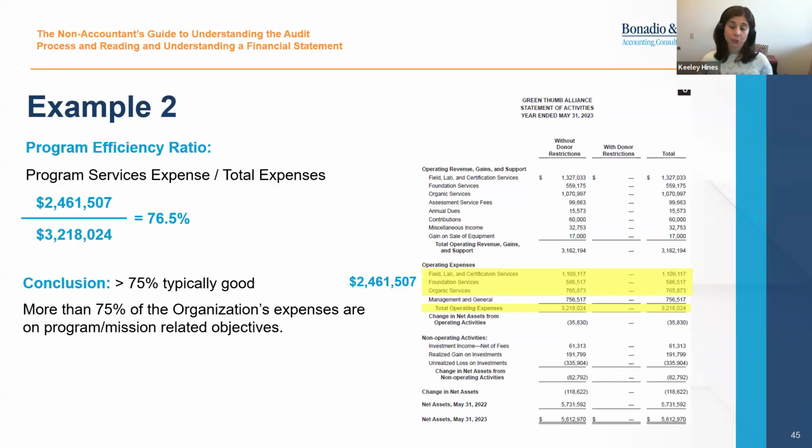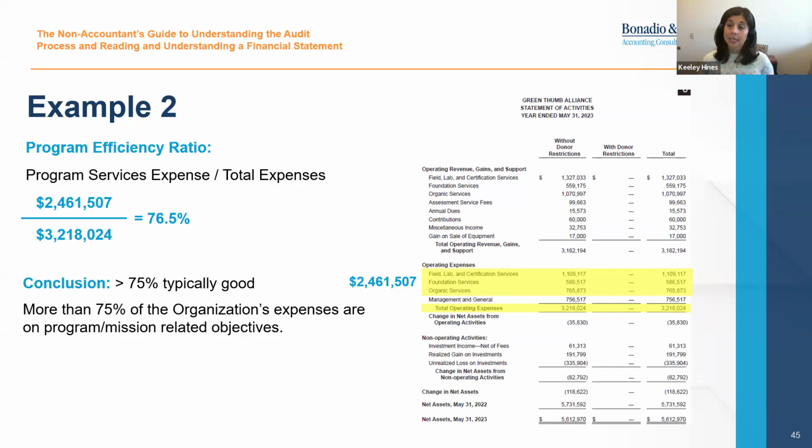So you might remember from earlier in the presentation, we talked about the fact that a nonprofit is operating with a mission to execute, serving the public, serving some sort of cause. So ideally, you want to see as much of the expenses going to programs versus, say, management in general. So one of the ratios that can help tell a story with regards to how much are you spending on the program versus other expenses is this program efficiency ratio.